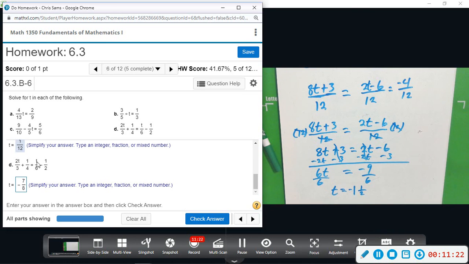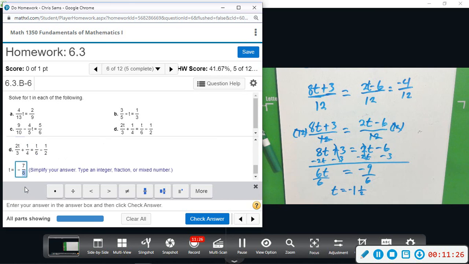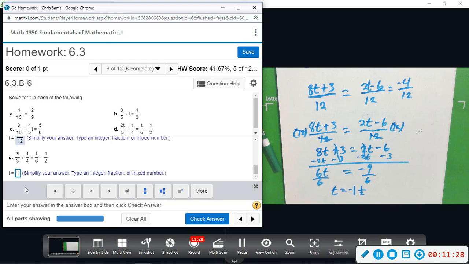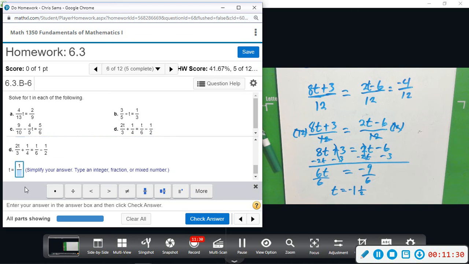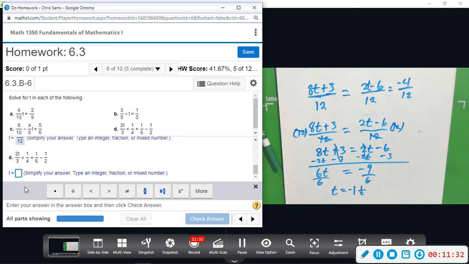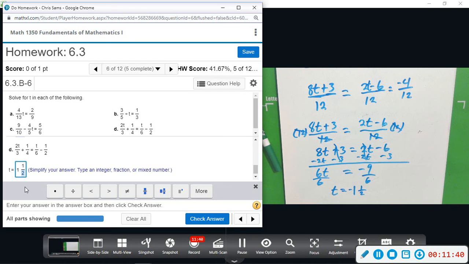So negative 1.5. Make sure we don't forget the negative out front.